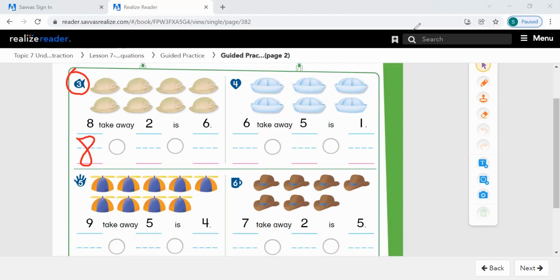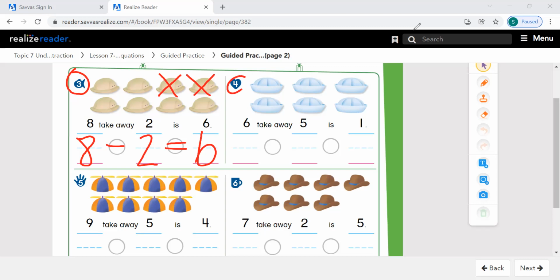What do we do to 2 hats? We mark an X on 2 hats. How do we show takeaway in our equation? With the minus sign. So 8 minus 2 equals how many? How many are left? We have 6 hats left.